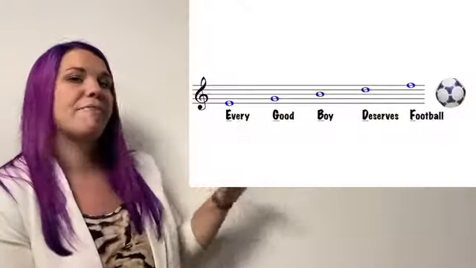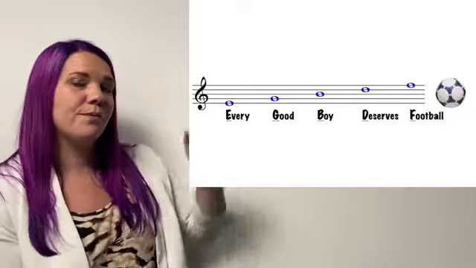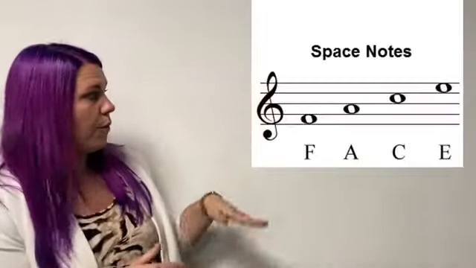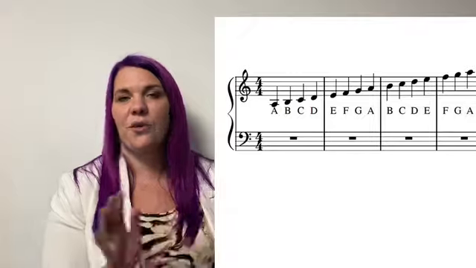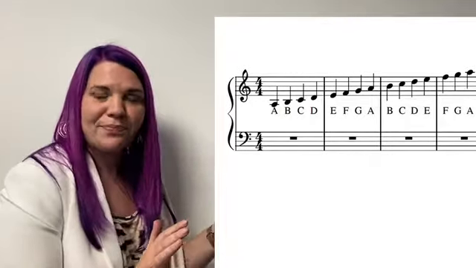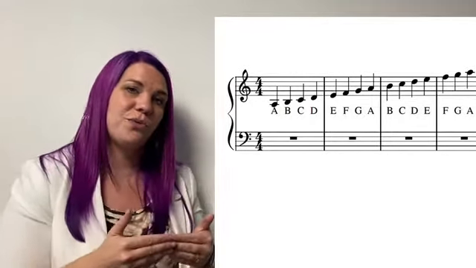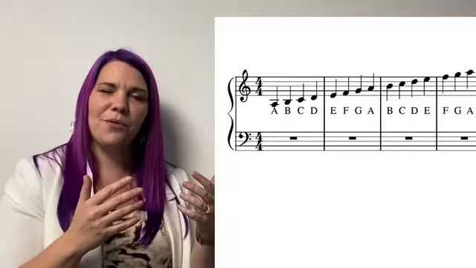So like I say, you can learn your little mnemonics, your every good boy deserves football, or the word FACE moving up in the spaces there, or you can just learn 2 or 3 notes that you like, whichever ones, and start to count upwards or downwards from them.